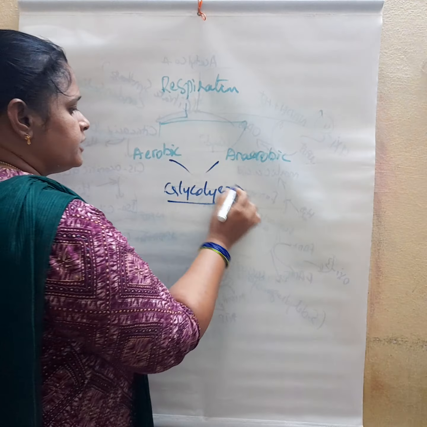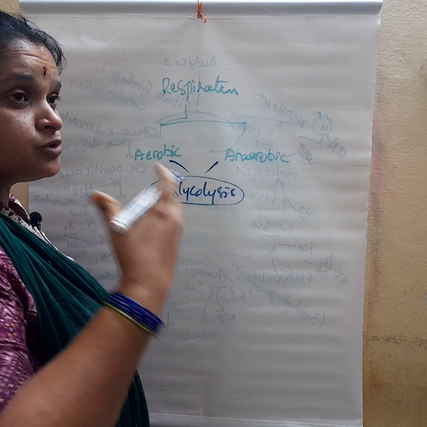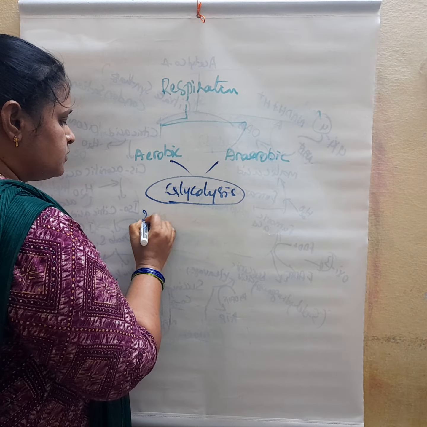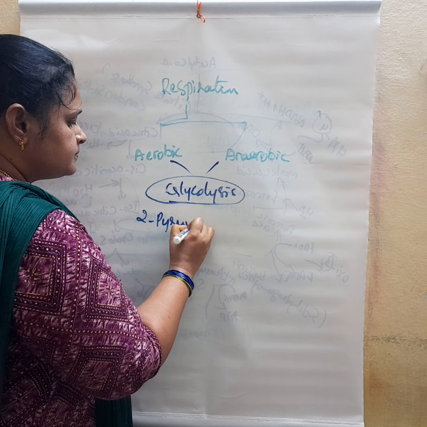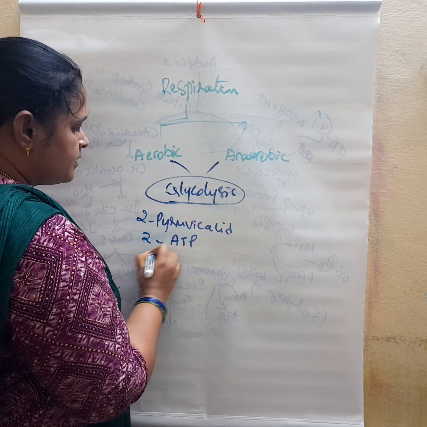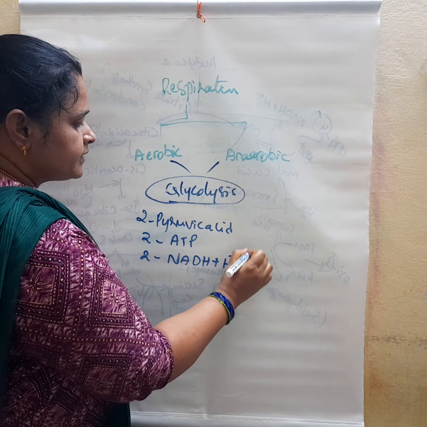So what is the fate of glycolysis? That means, what are the end products of glycolysis? The ultimate products of glycolysis are 2 molecules of pyruvic acid, 2 ATP and 2 NADH. These are the end products of glycolysis.